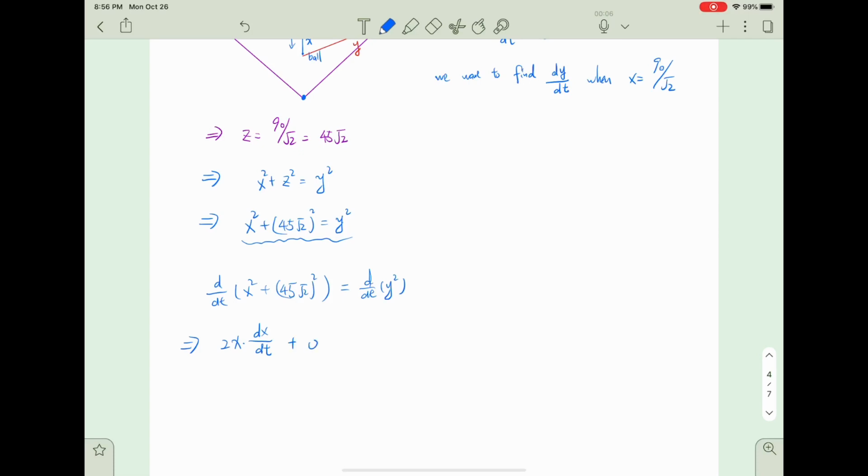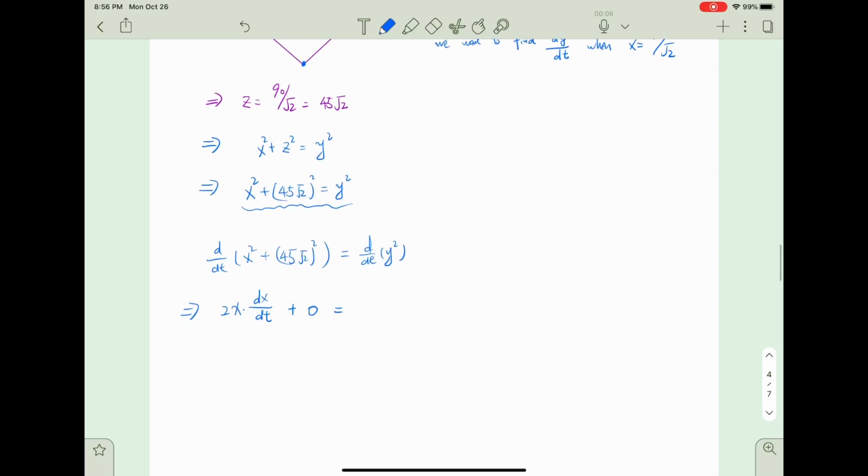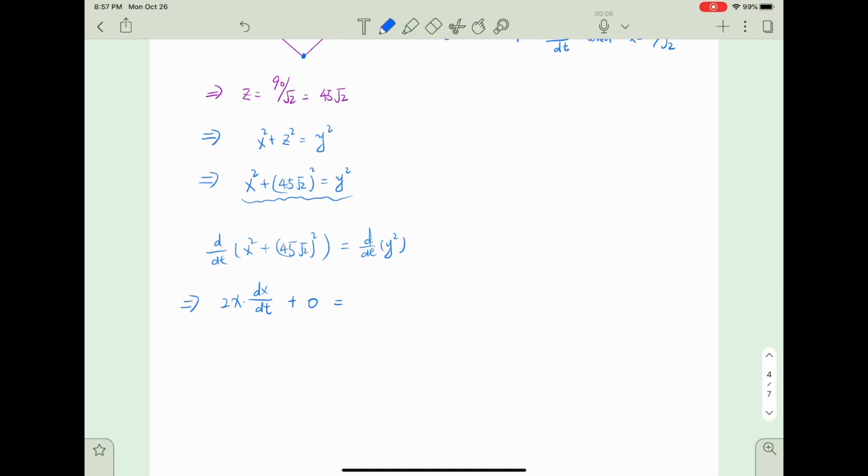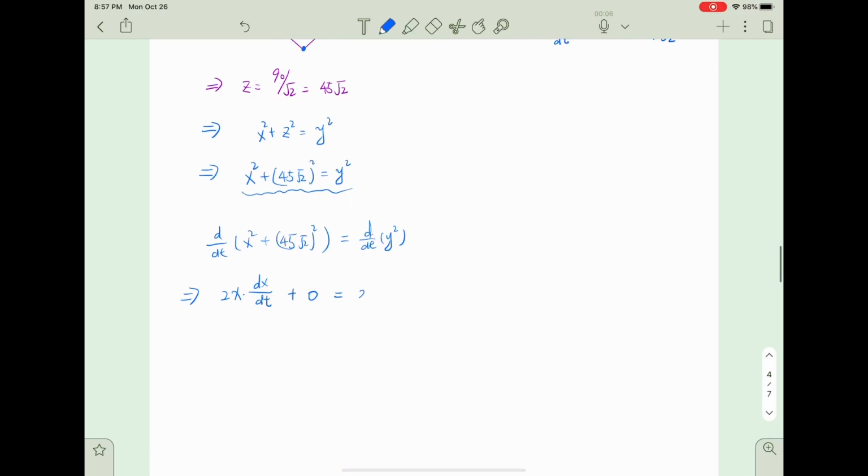So write 0 here. If you don't write 0, it doesn't matter. I just want to remind you that the derivative of this constant is 0. And for the right hand side, we have 2y times dy/dt. So this gives you the relation between dx/dt and dy/dt.